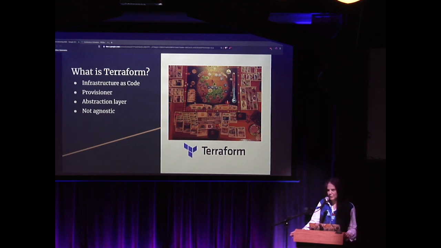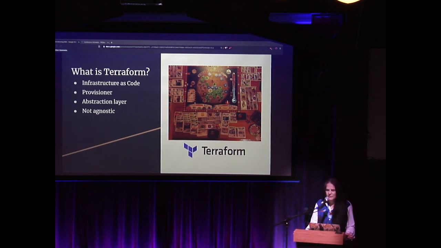It also creates your infrastructure. And it's another abstraction layer. So you're describing something that is a real thing in the real world, but you're describing it in HCL, HashiCorp Configuration Language, which is the DSL that HashiCorp, the company who made Terraform, created for this.